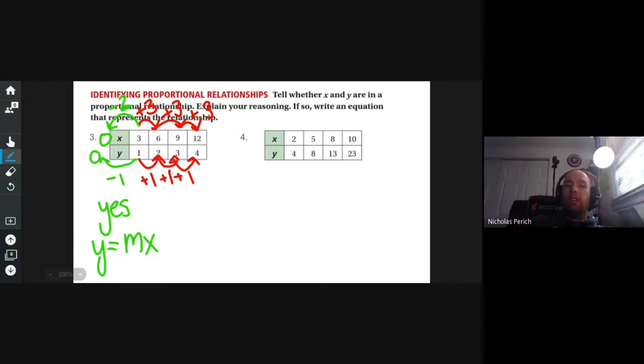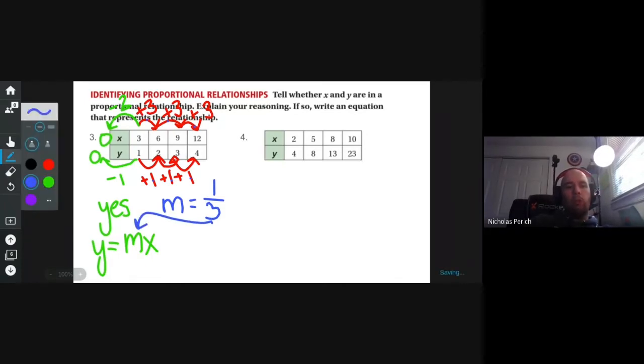So in this case, my slope is going to be the y values, which is +1, +1, +1, over the x values, which is +3, +3, +3. So my slope is 1/3. And if I take that and plug it into here, then my equation is going to be y equals 1/3 x, and that's it.